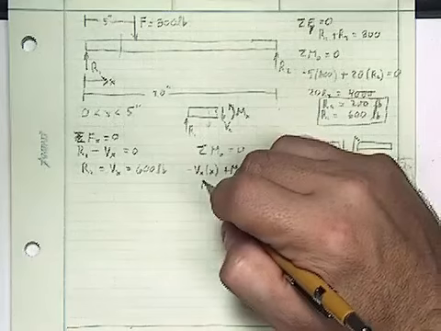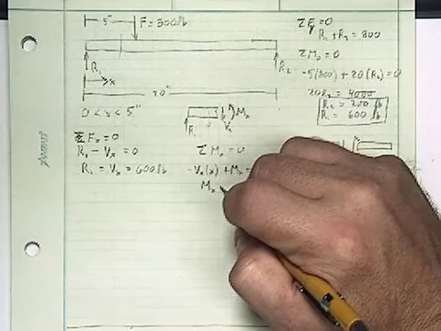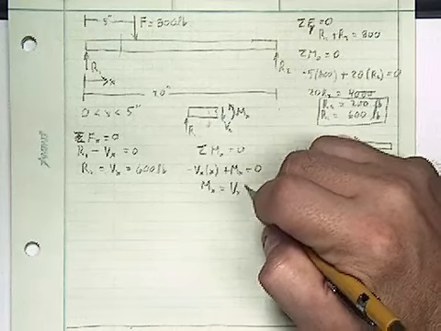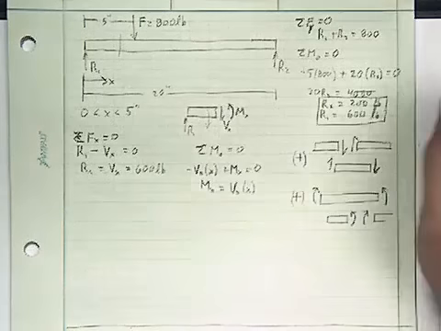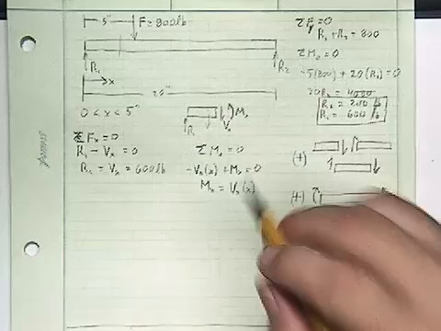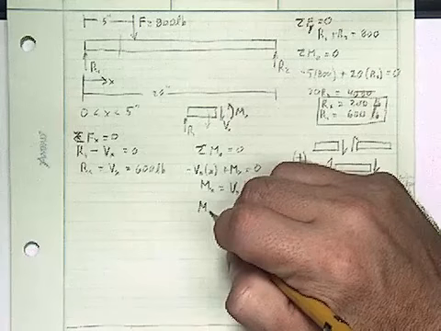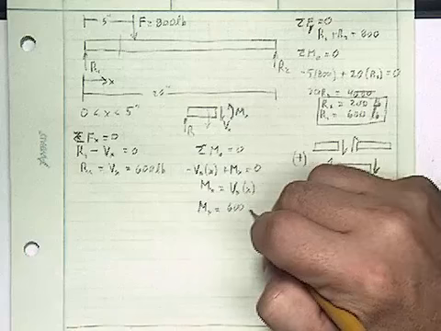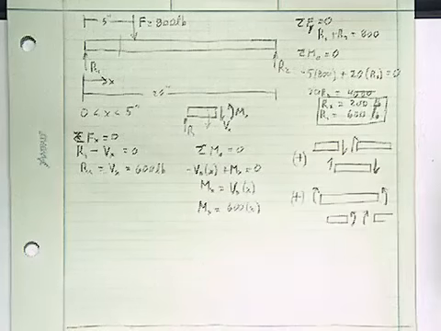Okay, so that says Mx is equal to Vx times x. Okay, so again, I'm only considering between 0 and 5. Vx is just a constant, so what I'm going to get is Mx is equal to 600 times x.